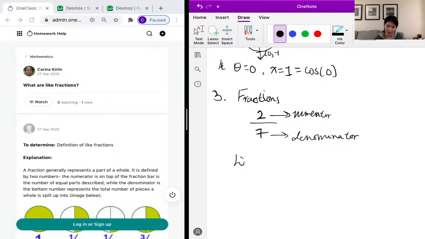And then we have like fractions. Like fractions are fractions that have the same denominator. So basically the bottom number is the same, and those are like fractions. Okay?